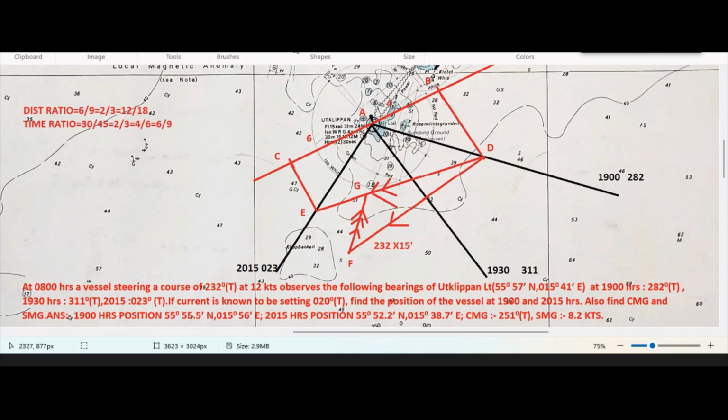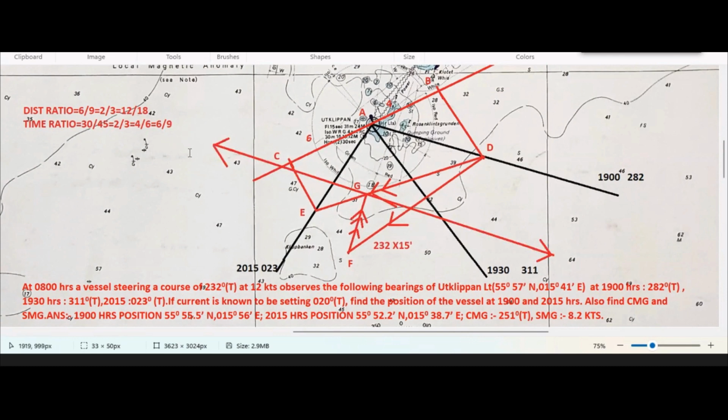Through G, draw parallel to the first bearing, meaning I am transferring the first bearing to point G. I put a double arrow as the head. I have transferred the first bearing through G, that is, after 1 hour and 15 minutes, which means 2015.